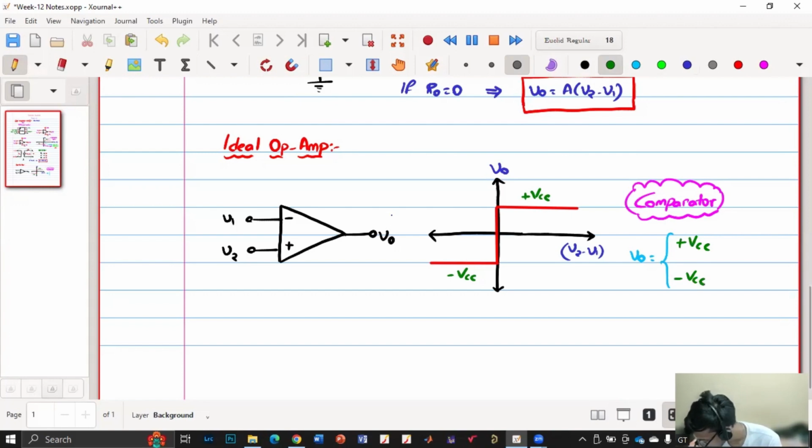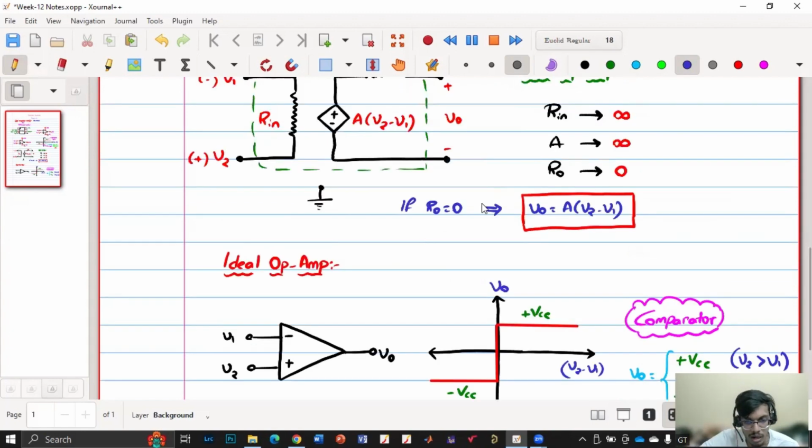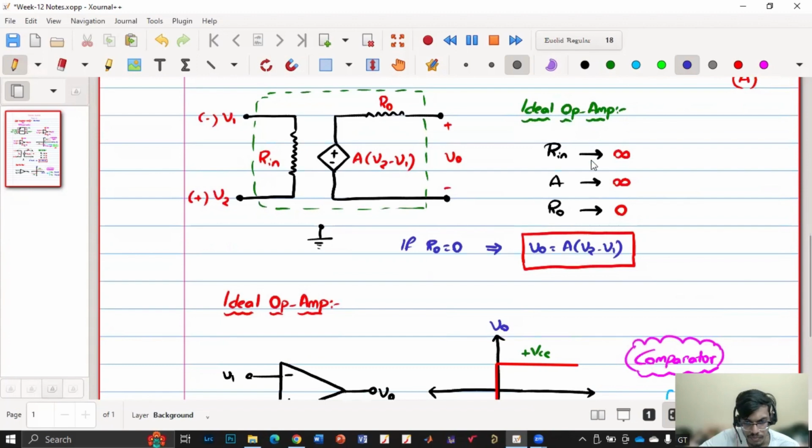It is plus VCC if V2 is greater than V1, or V2 minus V1 is greater than 0, and minus VCC if V2 is less than V1, or V2 minus V1 is less than 0. So it is working like a comparator, with that straight line and no linear region. For this ideal op amp, these conditions are met: Rin is infinite, A is infinite, and R naught is 0.